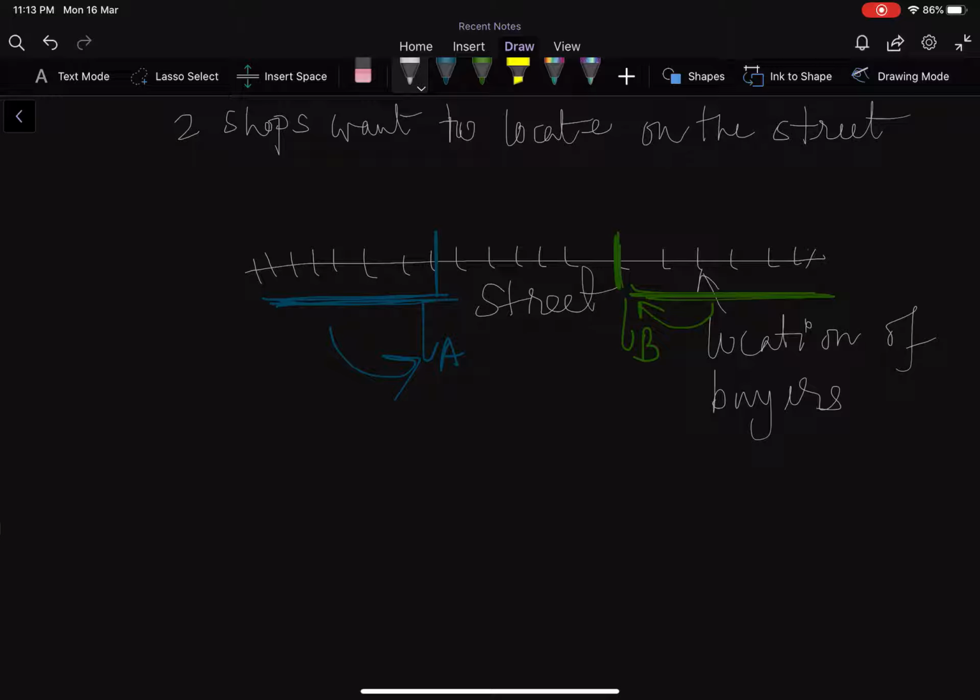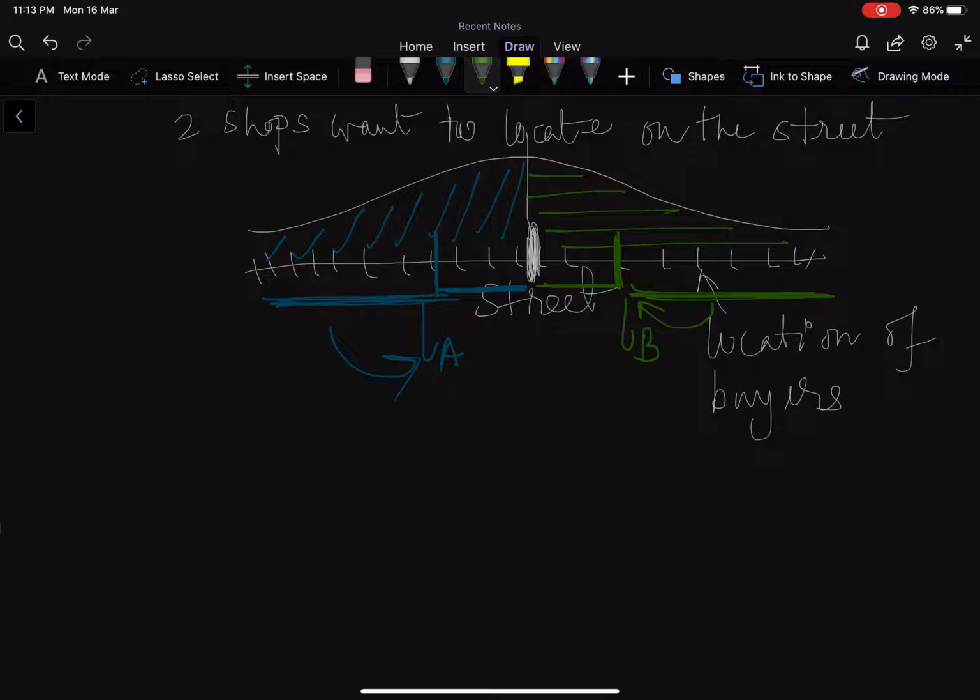So again there will be a midpoint, and all the buyers to the left of that midpoint will go to A, all the buyers to the right will go to B. That determines how many buyers go to A and B. Suppose we have this distribution of buyers over locations.